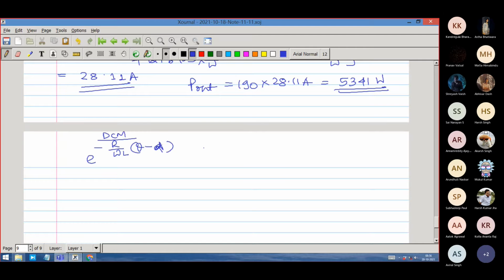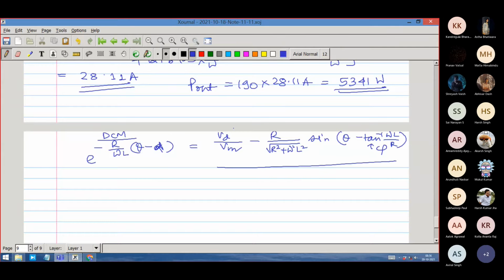Theta minus alpha is equal to VD by Vm minus R by Z, where Z is equal to square root of R square plus omega square L square, sine of theta minus phi. Phi is tan inverse of omega L by R. That is phi, theta minus phi, divided by, it is a ratio. Sorry, the equal to sign may be better put here.